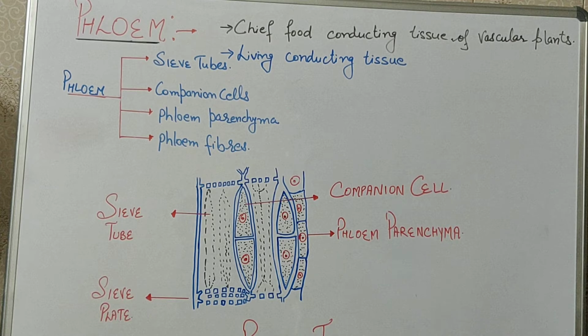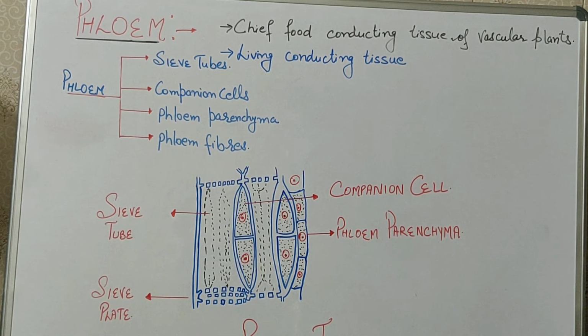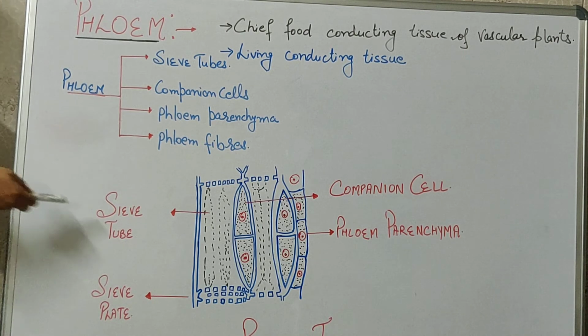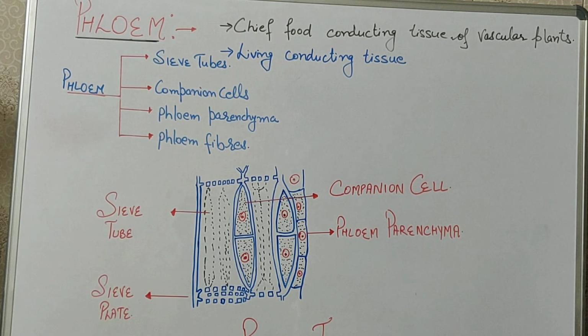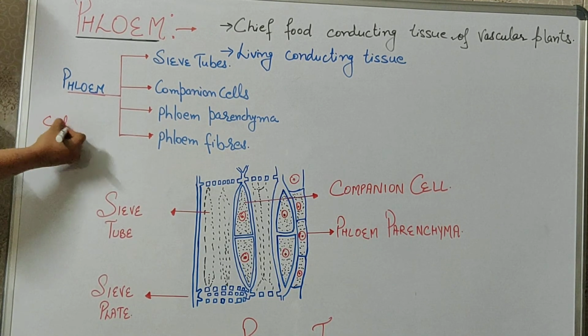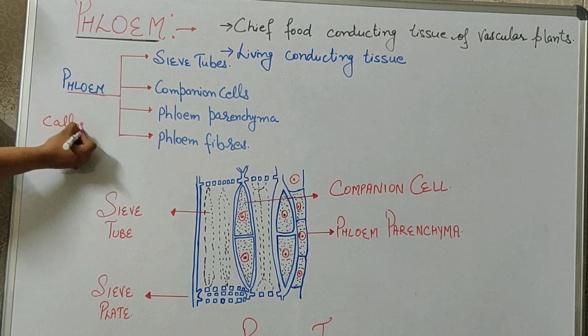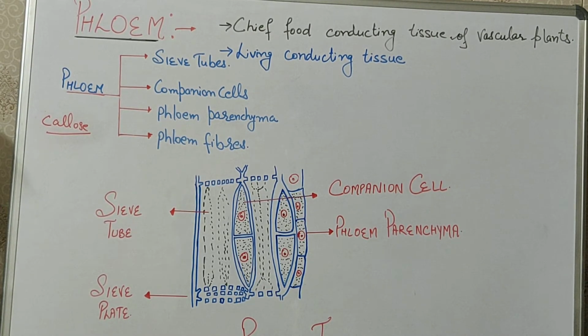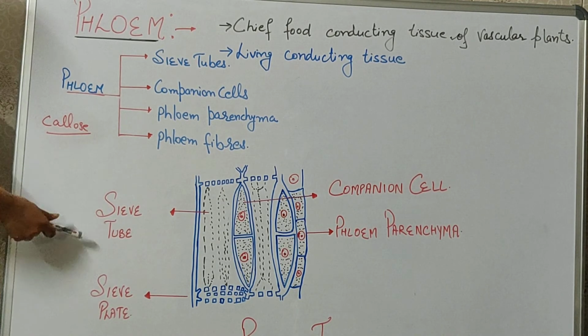Other organelles like mitochondria and endoplasmic reticulum are also absent in sieve tubes. In winters, the end walls of sieve tube elements are plugged by a material known as callose. During winters, sieve pores get plugged with callose, and hence transport of food is retarded. So this is about sieve tubes.